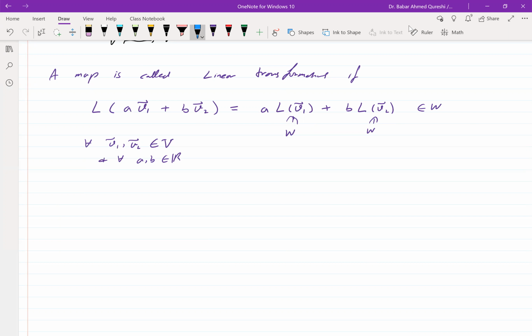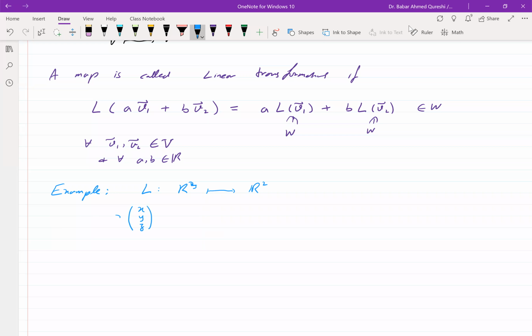Now, let's first consider some example. I define a linear transformation from, let's say, R3 to R2, and I'm defining it like this.